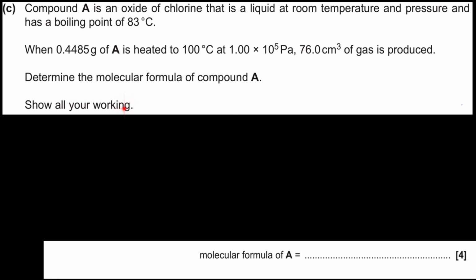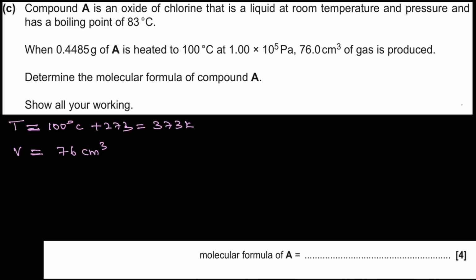Show all your working. What are we given? We are given the temperature, which is 100 degrees Celsius plus 273 to become 373 Kelvin. We're given volume, which is 76 centimeter cube.